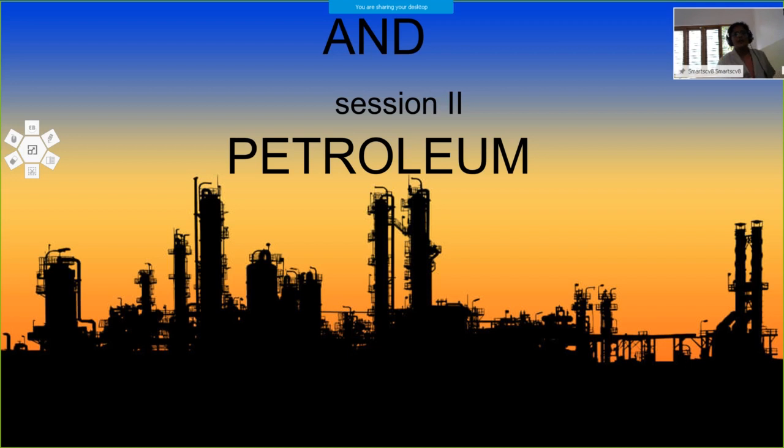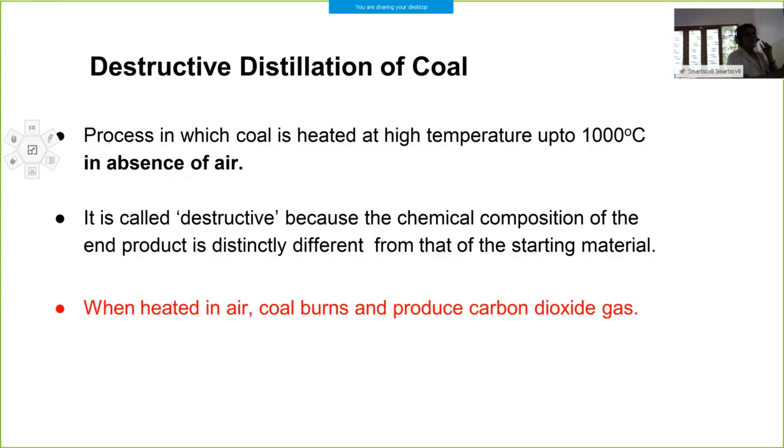That is where you must know about destructive distillation. So what is destructive distillation? Destructive distillation of coal. The process of heating coal in the absence of air at very high temperature is called destructive distillation of coal.